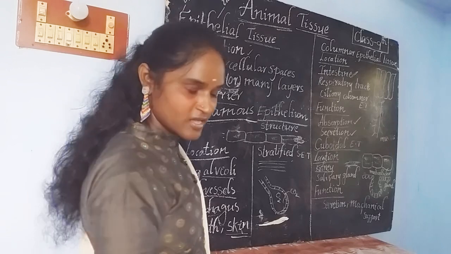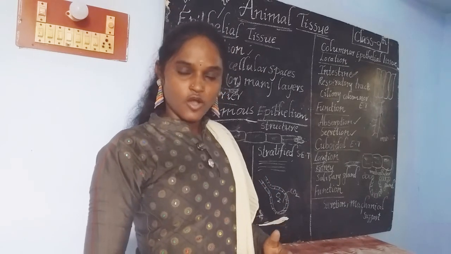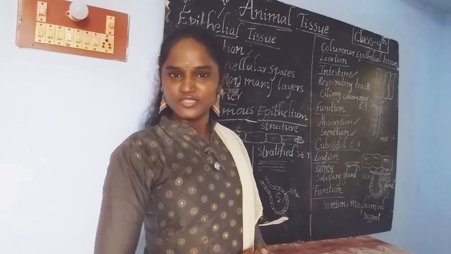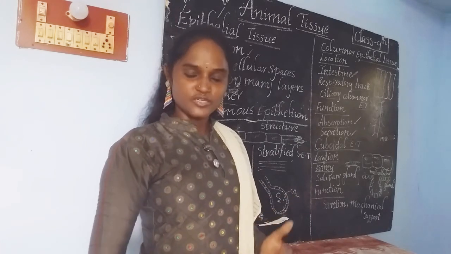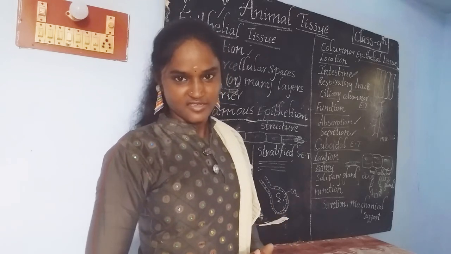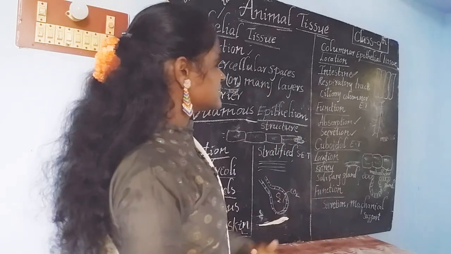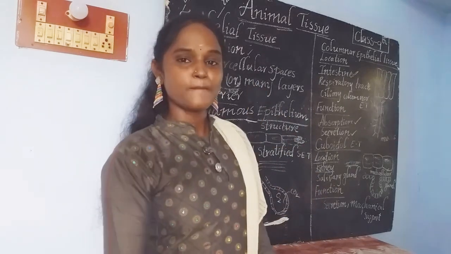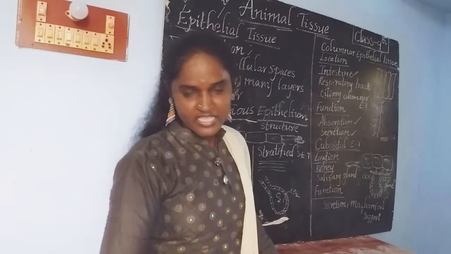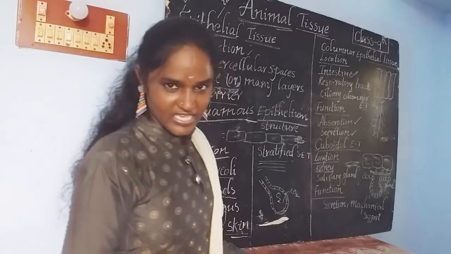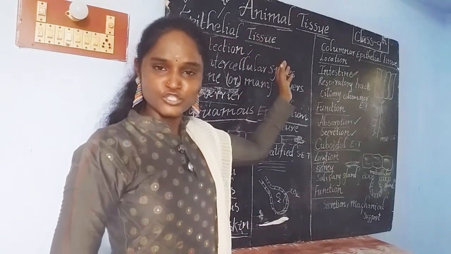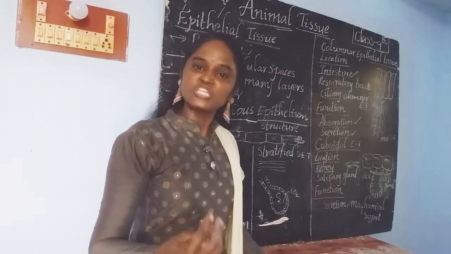That's why it has the power of selective permeability. It is present in the outer parts of our body and as a lining of inner organs. This epithelial tissue is separated from other tissues by the help of a fibrous filament.